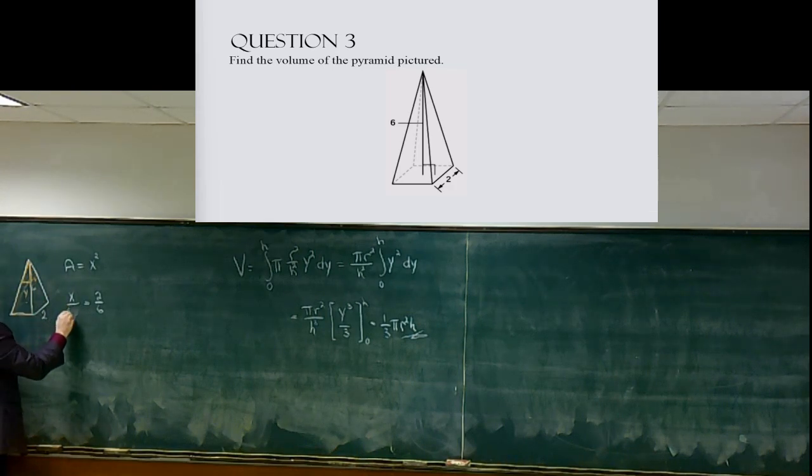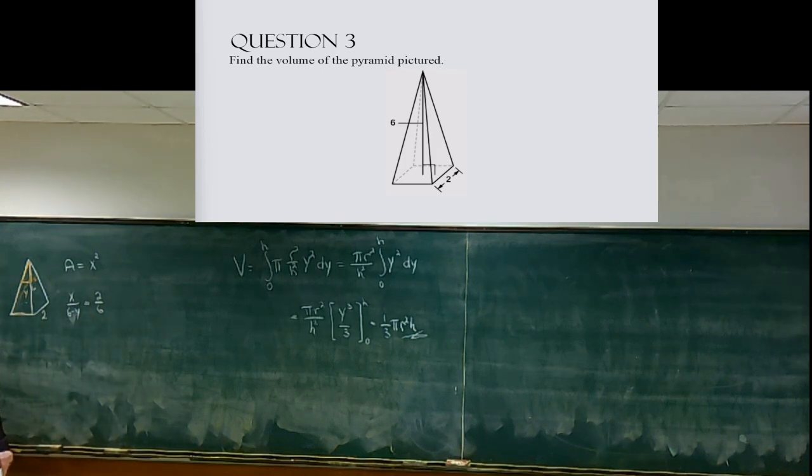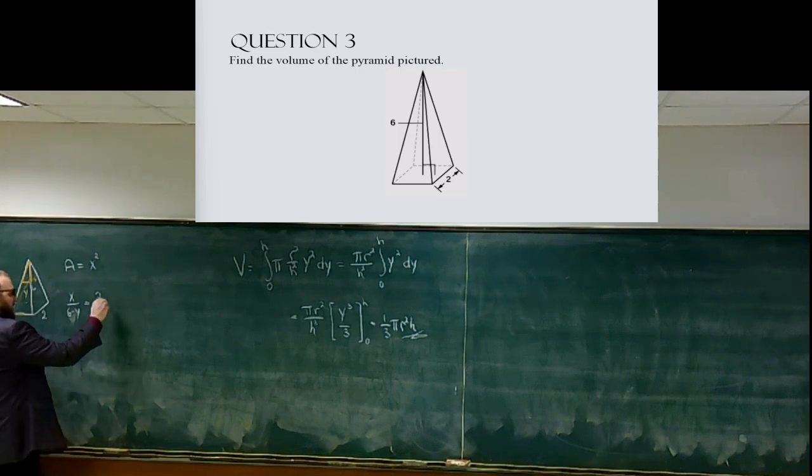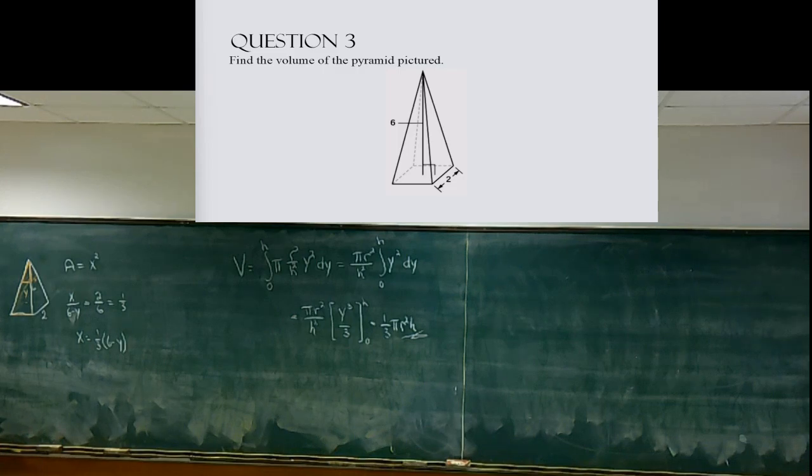So x to 6 minus y is 2 to 6, and of course 2 to 6 is the same as 1 over 3. So x would be a third of 6 minus y.